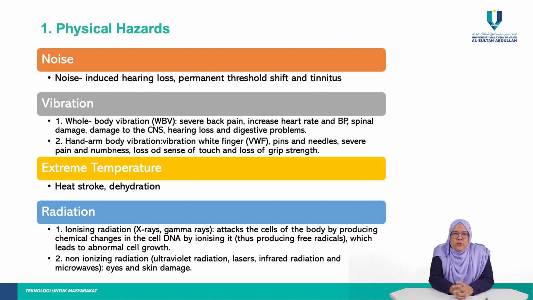Proper management and control of extreme temperature hazards are crucial to ensuring the safety and comfort of individuals. Here is an overview of extreme temperature hazard and their impacts, which are heat stroke and dehydration. Proper identification, assessment and mitigation of physical hazards are essential for creating a safe work environment.